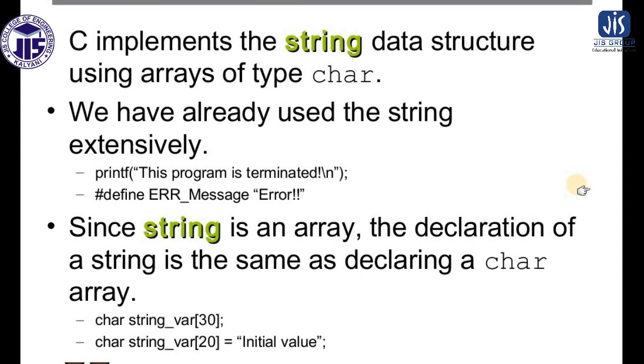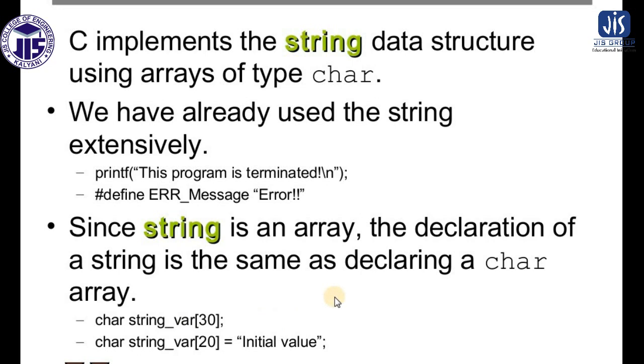First we provide the data type. In case of array, the data type may be integer, character, or float. But when we are talking about string, the data type will always be char. Then we provide a string name. In this example, the string name has been given as string underscore var.